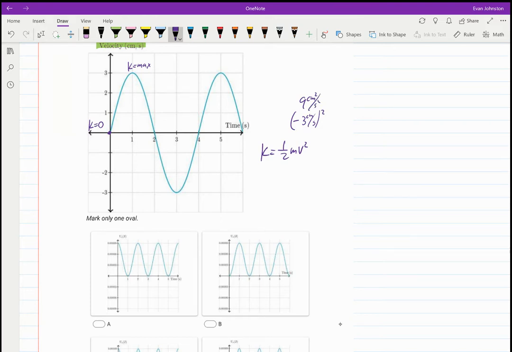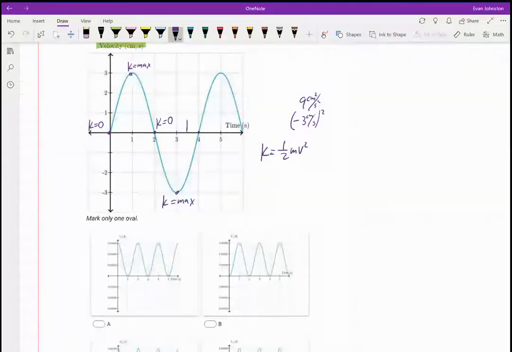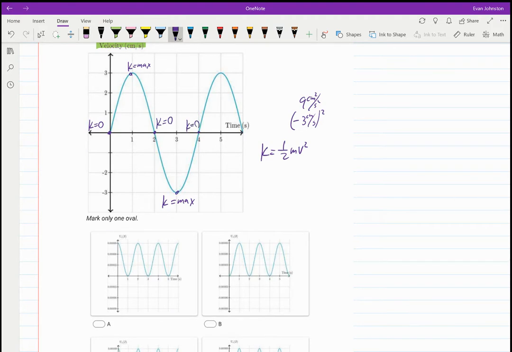So here, this is still K of a max value, and I skipped one, sorry. If our velocity is at 0, again, we have no kinetic energy. It's the same here, and it's the same at this last point at 0.